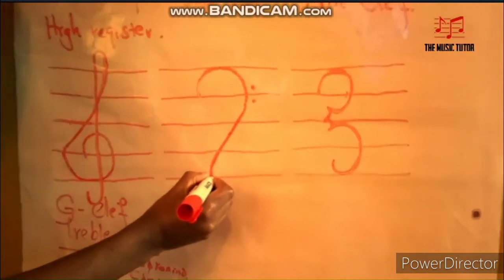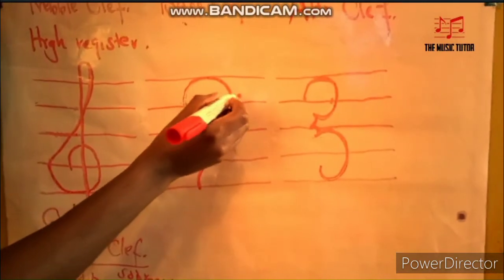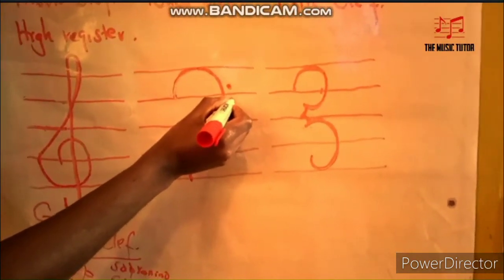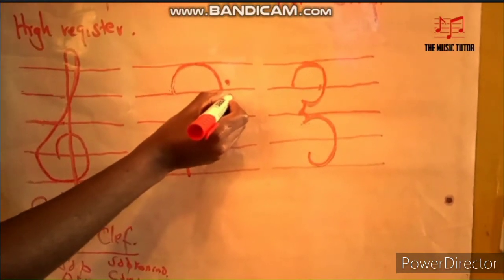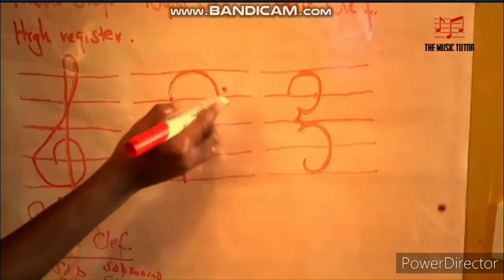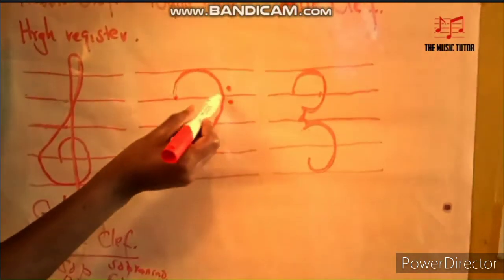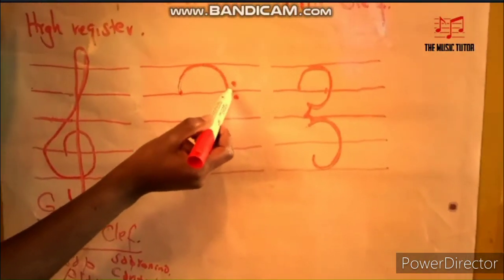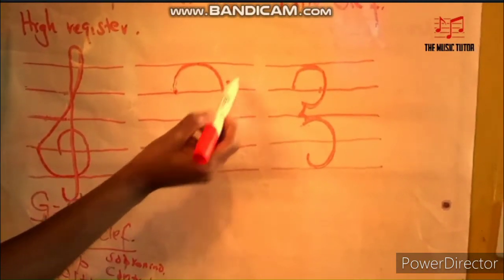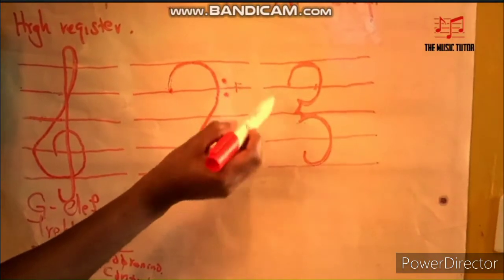It looks like an F. And you put 2 dots above here, cutting the second line from above. This line is the one that makes the clef be called the F clef. So this line is line F.